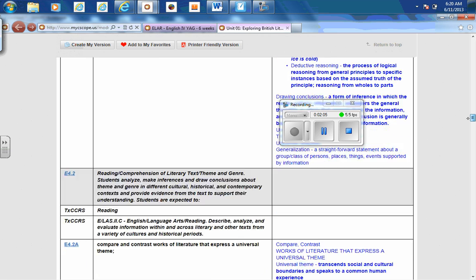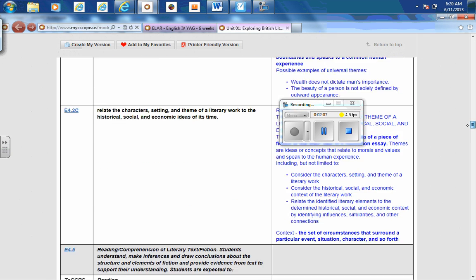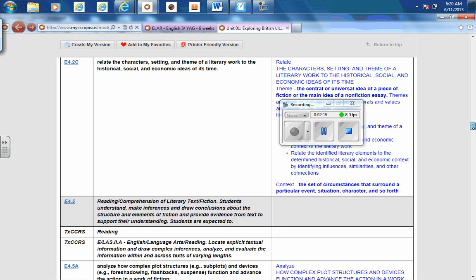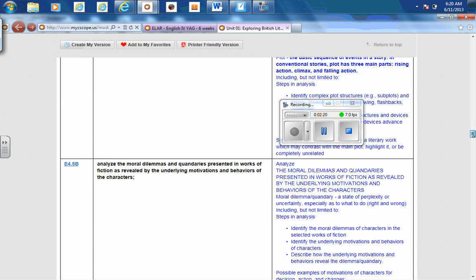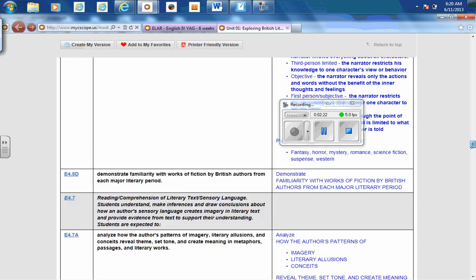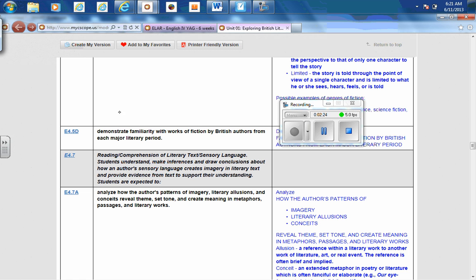But the one they really work with is relate character, settings, and themes of a literary work to the historical, social, and economic ideas of the time. They always combine that with, give me a second, demonstrate familiarity with works of fiction by British authors from each major literary period.